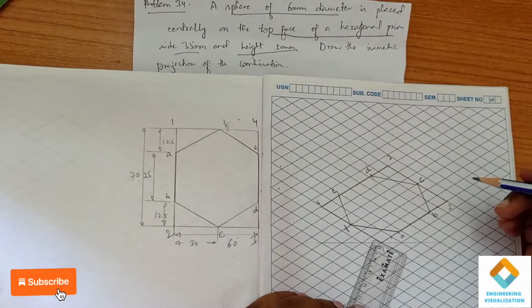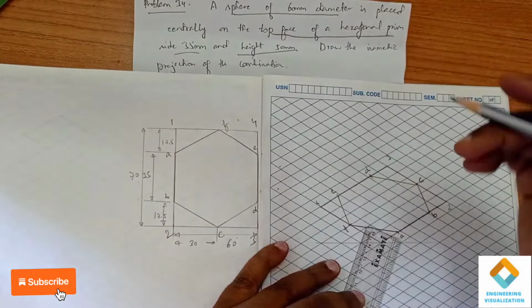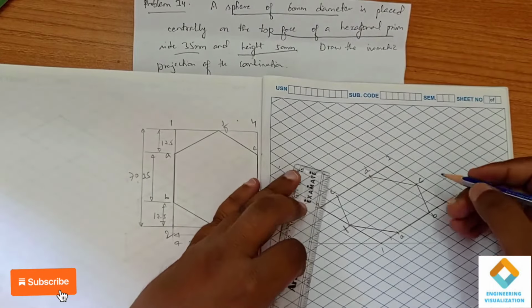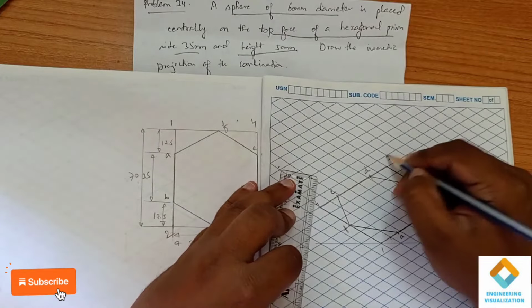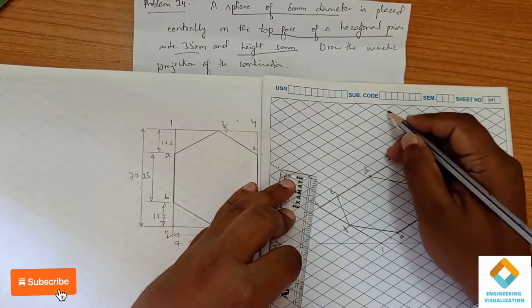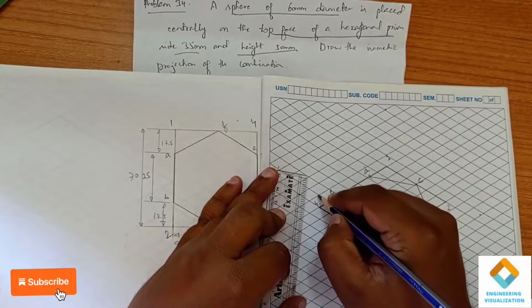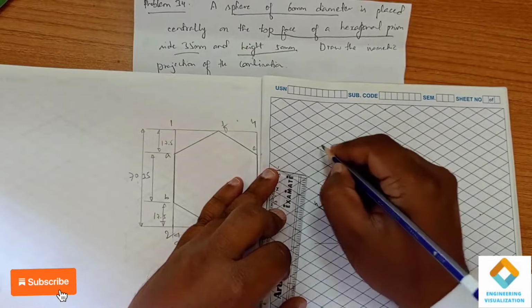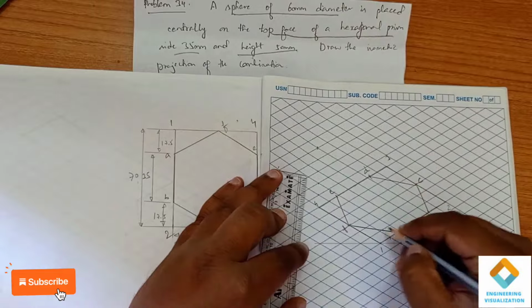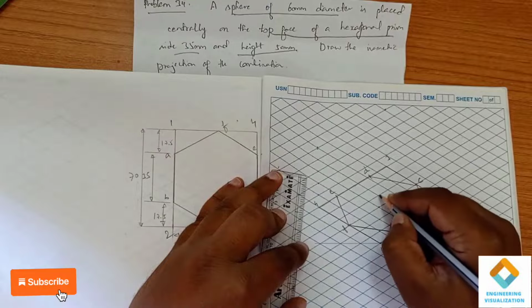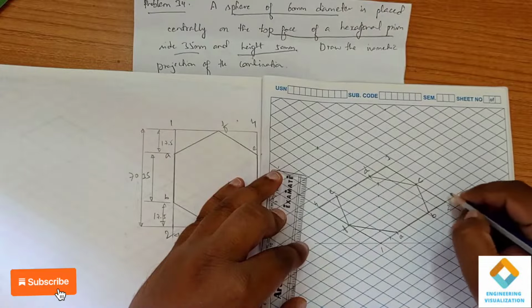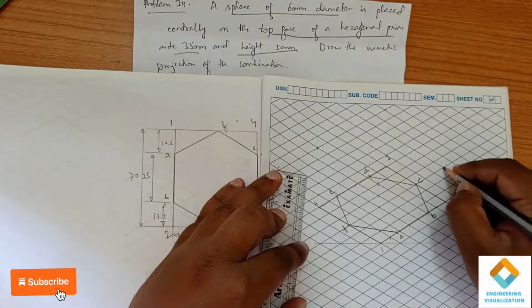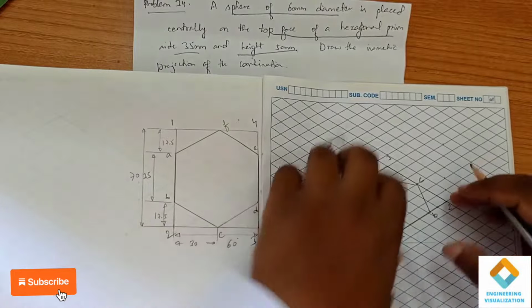Now we have to consider a height of 5 boxes. Okay. 1, 2, 3, 4, 5.